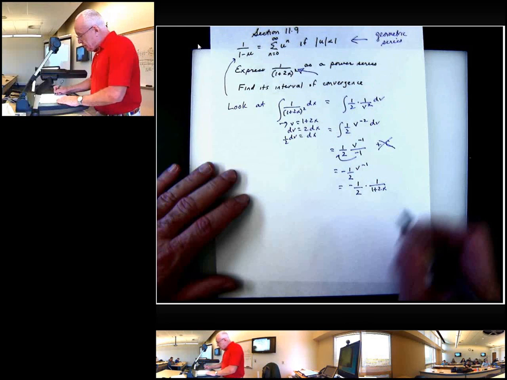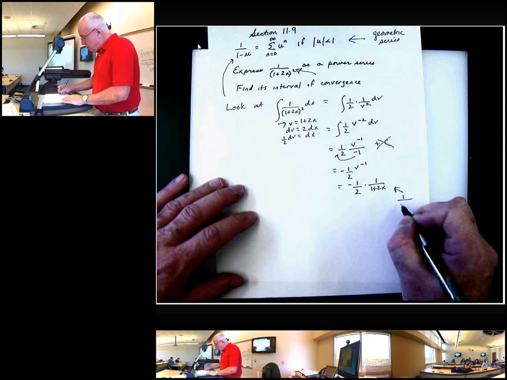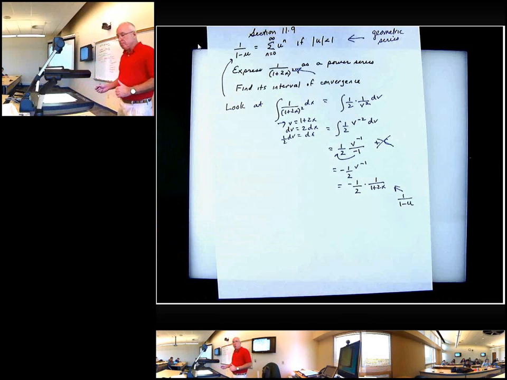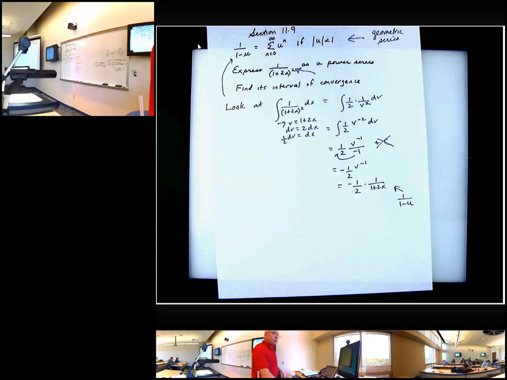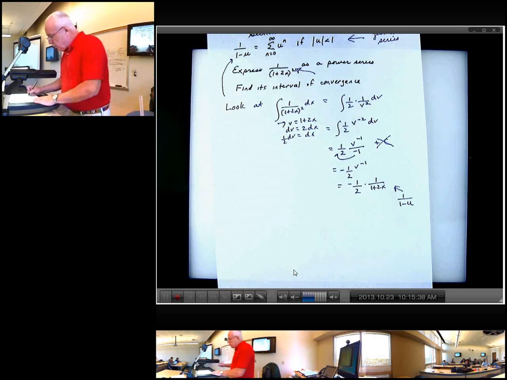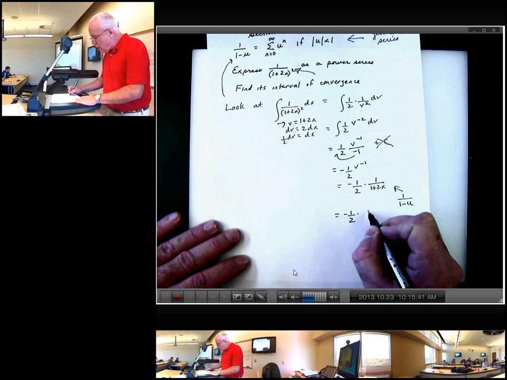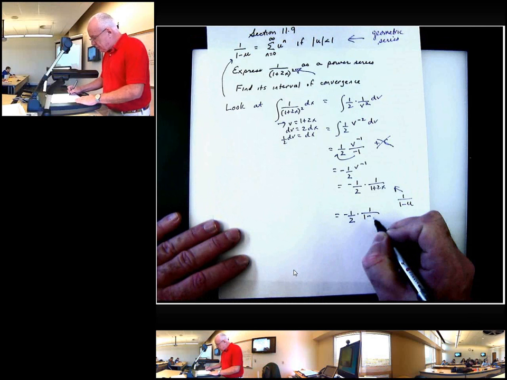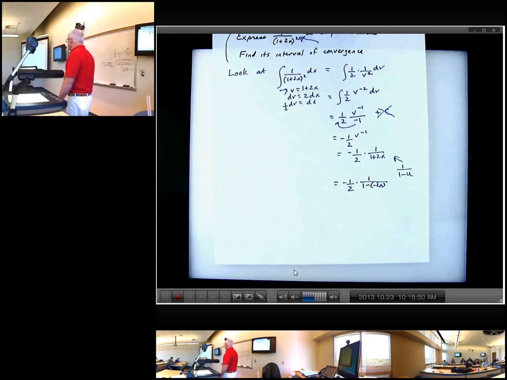Now this is something that I can work with to get it in the format 1 over 1 minus u. And the way to do that is that little trick with double negatives. So I can rewrite this as -1/2 times 1 over 1 minus the -2x. Just that little trick making a double negative.